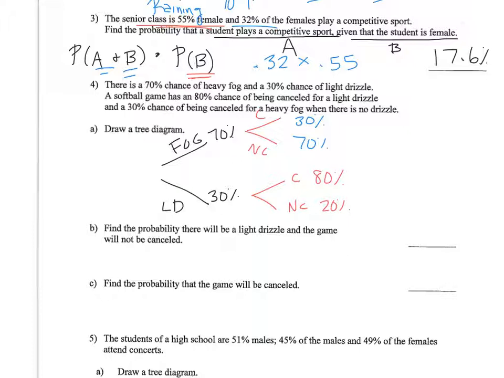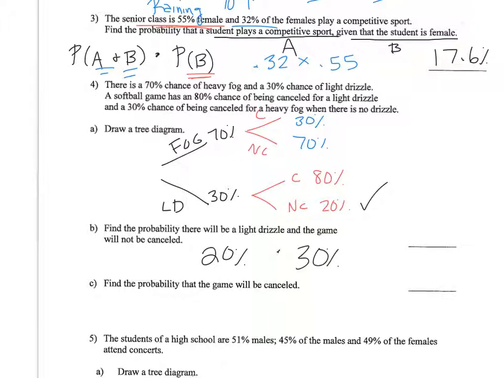So you can use your tree diagram by doing, find the probability there will be light drizzle and the game will not be canceled. So you're going to multiply the probability that is B times A, or A times B, is 20%, but then you have to multiply it by the chance that it drizzled to begin with. So it's going to be 20% times 30%.